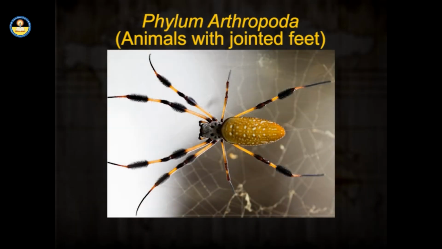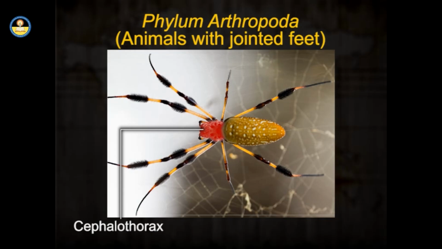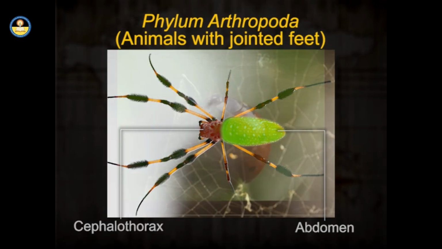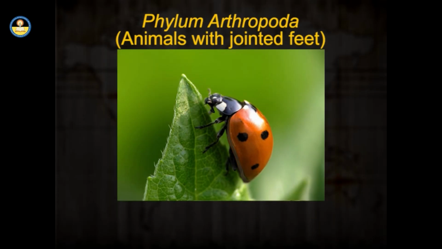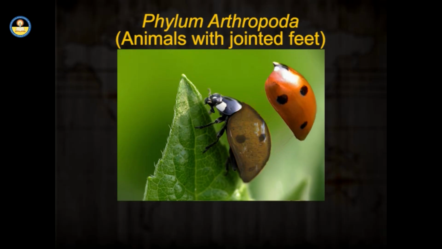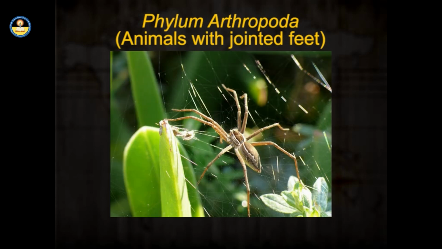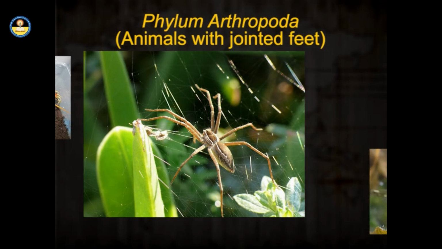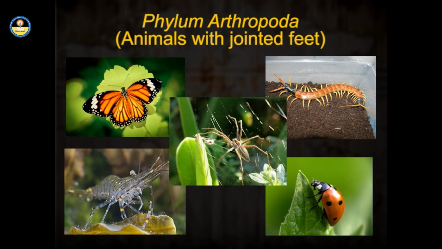The body is divided into two regions: cephalothorax, having head and thorax, and abdomen. The epidermis is covered by a strong glycoprotein called chitin. Paired and jointed appendages are present and may bear claws. See some animals falling in this phylum.